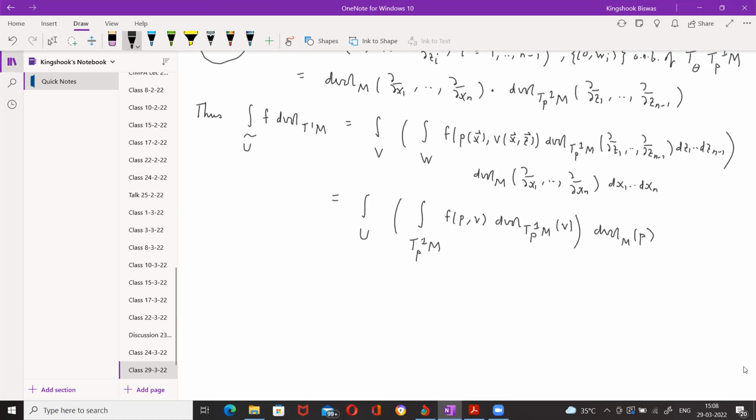So by a partition of unity argument, it's easy to see that we have, for any function, by partition of unity, so let's call d lambda P equal to the Riemannian volume of TP1M.